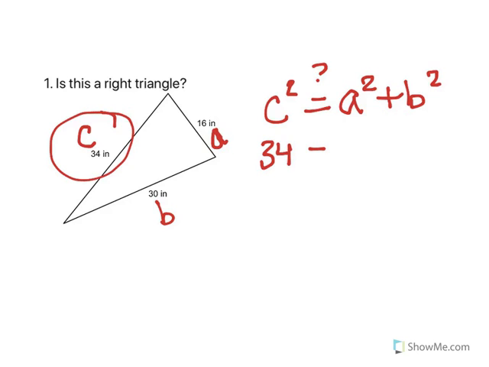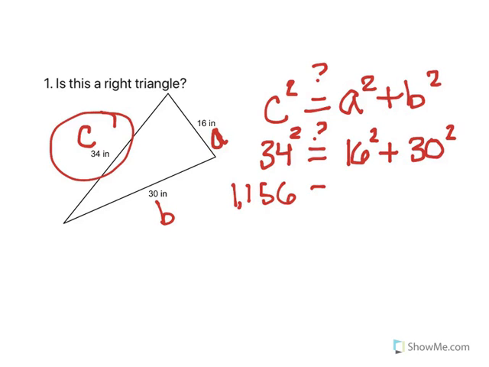C squared, we're going to write 34 squared. Does that equal 16 squared plus b, which is 30 squared? Oh, sorry, I forgot my squared above my 34. Rookie mistake. So let's try it. So what is 34 squared? 34 squared is 1,156. Let's try the right side.